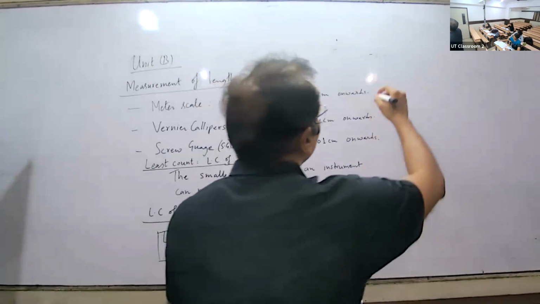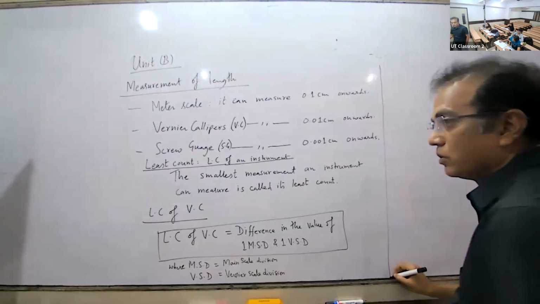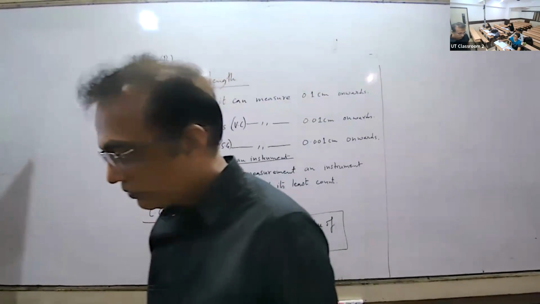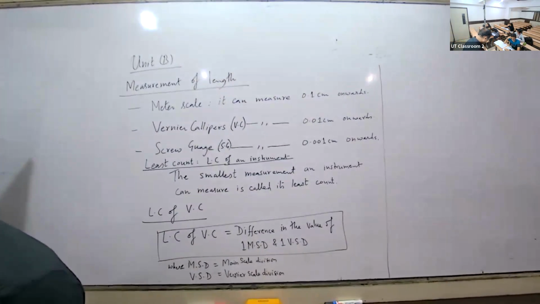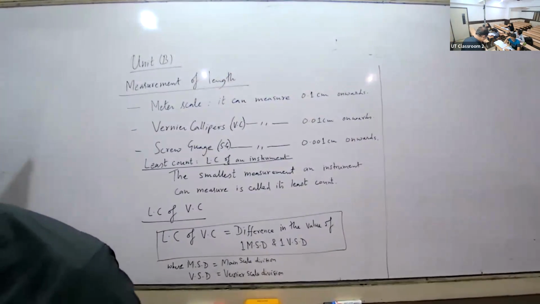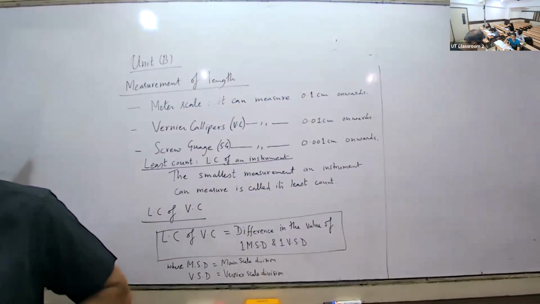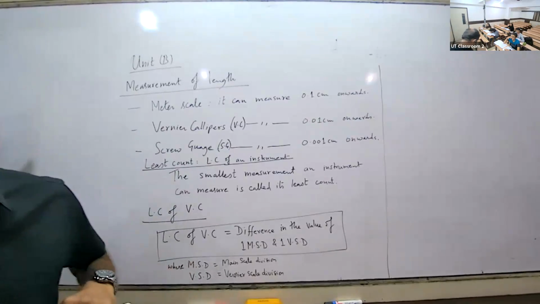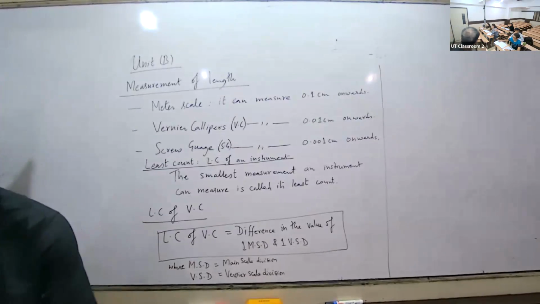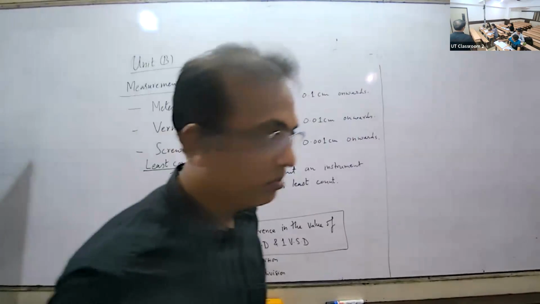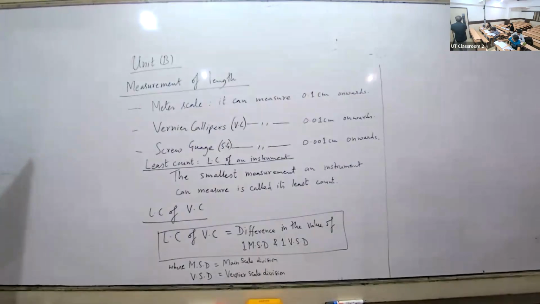Okay. So if you see the diagram of vernier calipers in your textbook, this is how it looks. First you write what is there on the board, then I'll explain how to find this.